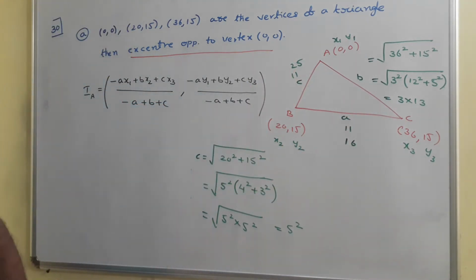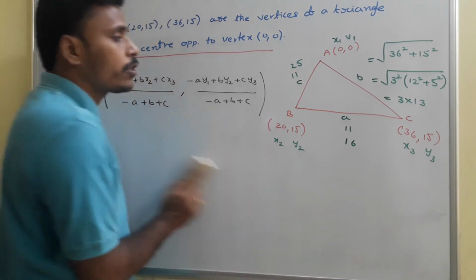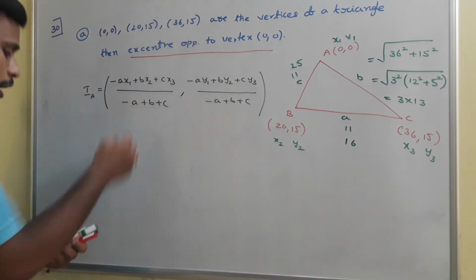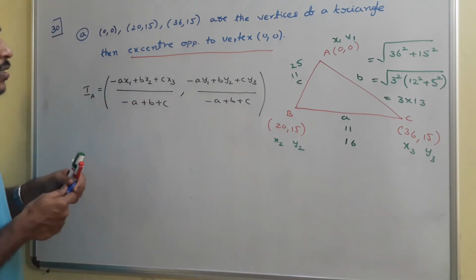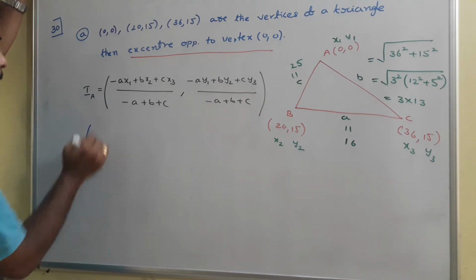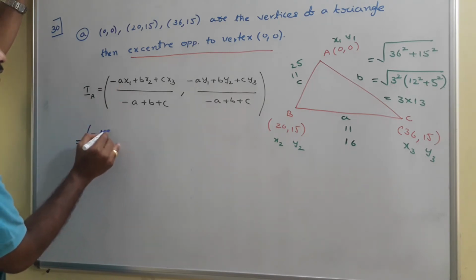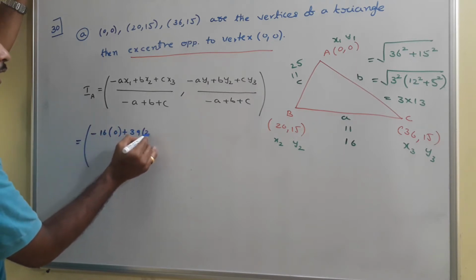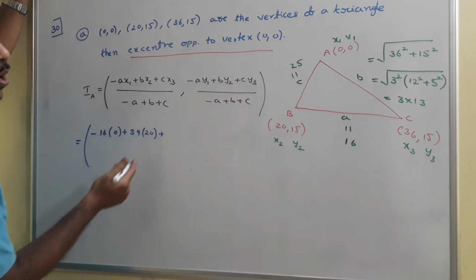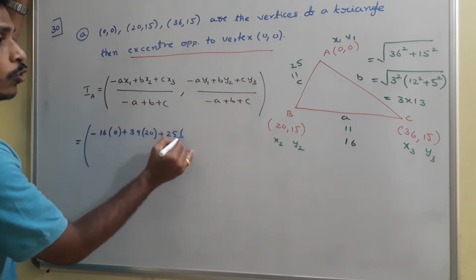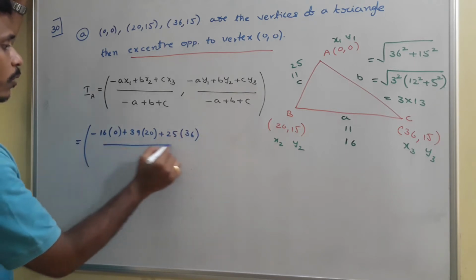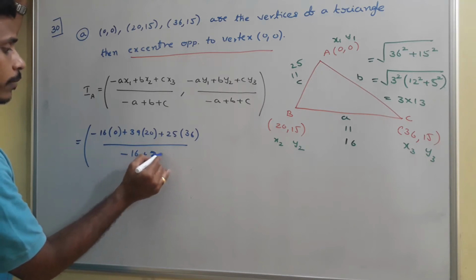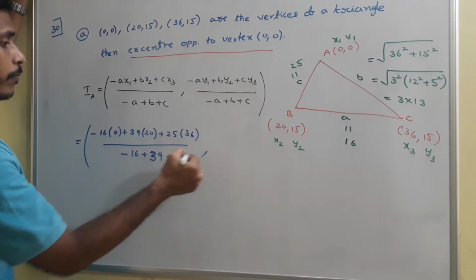At the end we have all the requirements: small a, small b, small c, along with the vertices x1, y1, x2, y2, x3, y3. Now use this formula. So this is equal to minus a x1, minus 16 into x1 which is 0, plus b, which is 39, into x2 which is 20, plus c, which is 25, into x3 which is 36, divided by minus a plus b plus c, that is minus 16 plus 39 plus 25, comma.